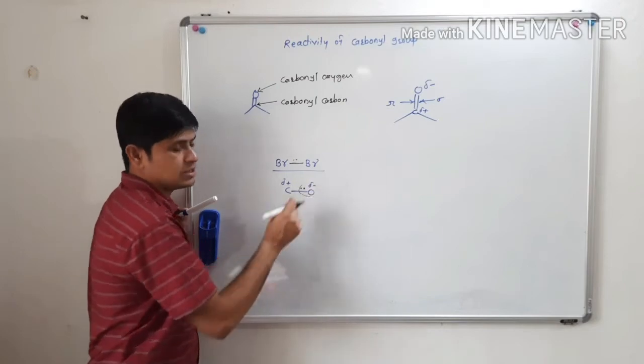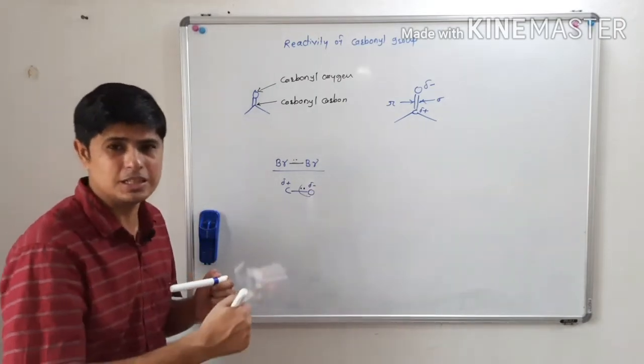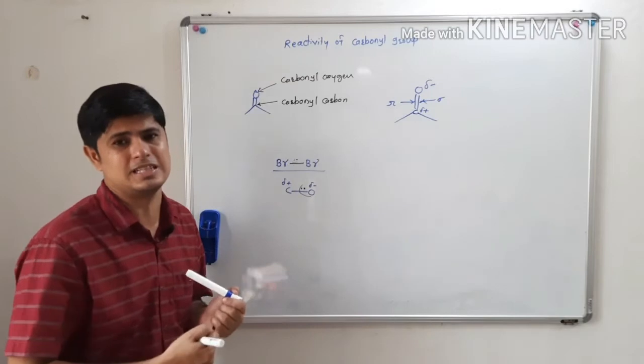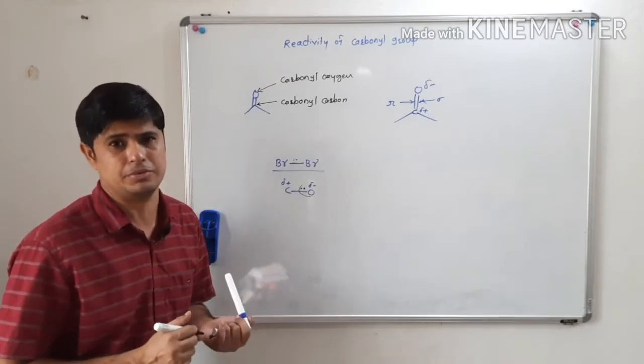Why? Because oxygen is pulling electron density towards itself.